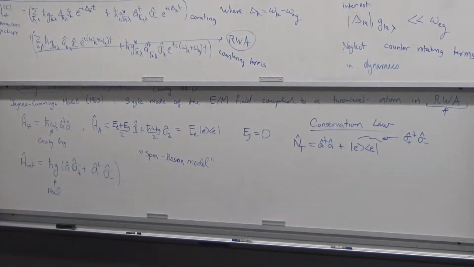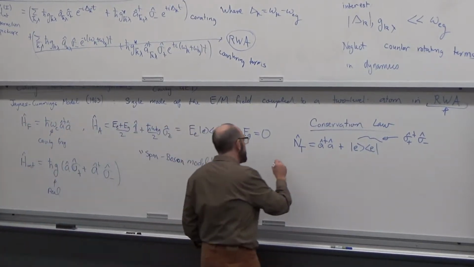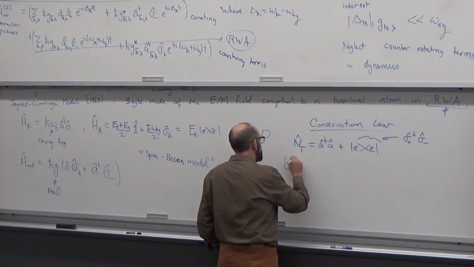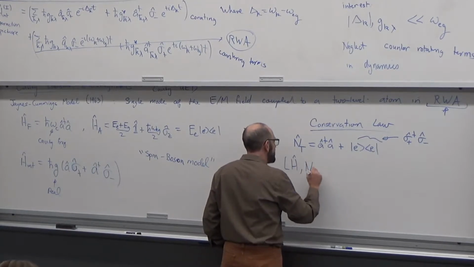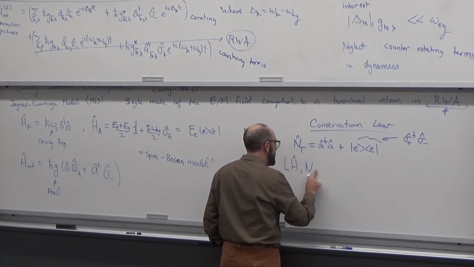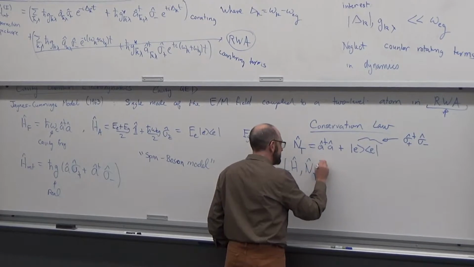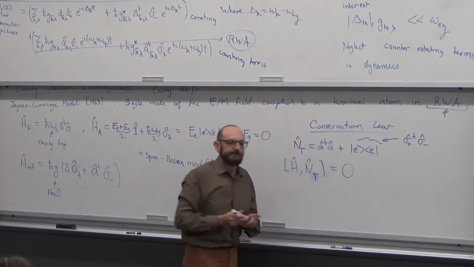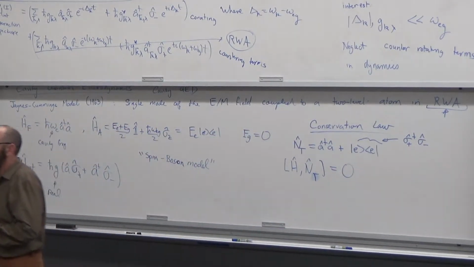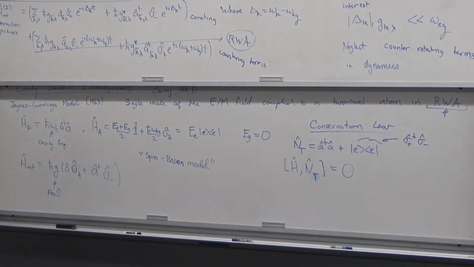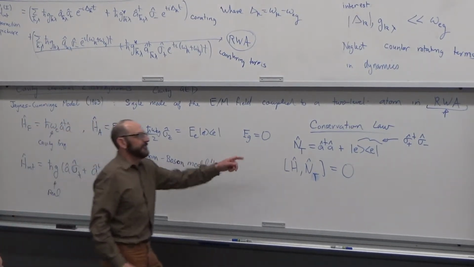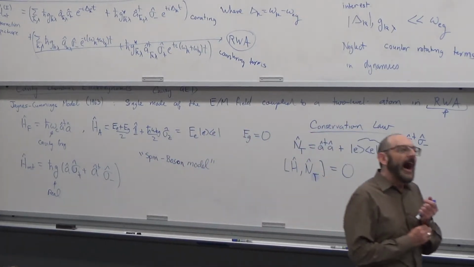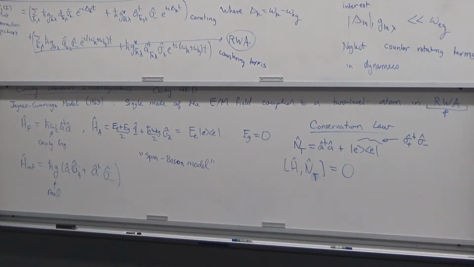Like that. Okay. It's easy to show, and I ask you to do it yourself, that if I look at the total Hamiltonian, this commutes with NT. You just have to do that commutator yourself. So, what this says is that NT is conserved. There are eigenstates of the Hamiltonian which are also eigenstates of the NT.